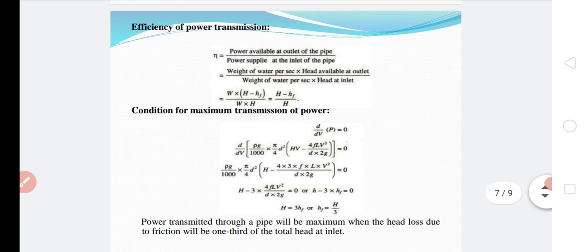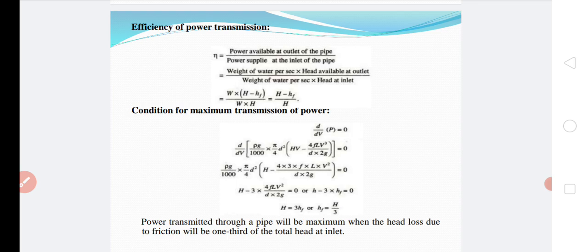So d/dV of rho g by 1000 into π/4 d² into (HV minus 4FLV³ by 2gD) equals 0. That gives rho g by 1000 into π/4 d² into (H minus 3 into 4FLV² by 2gD) equals 0, or H minus 3hf equals 0.